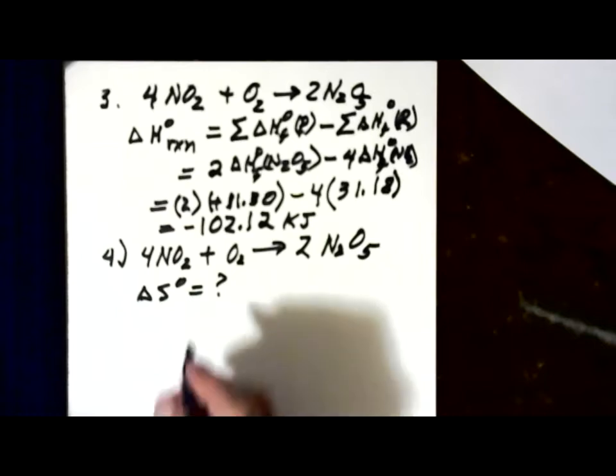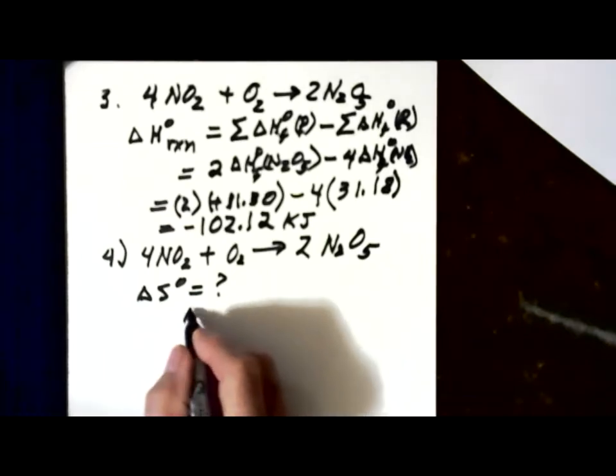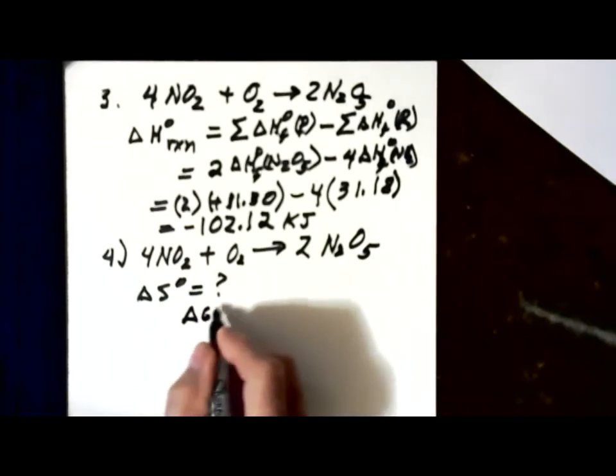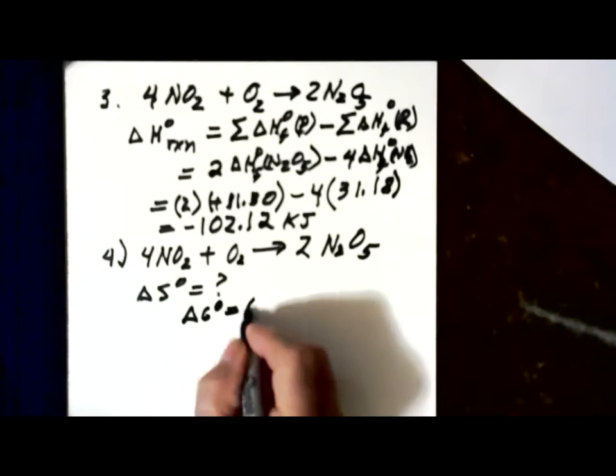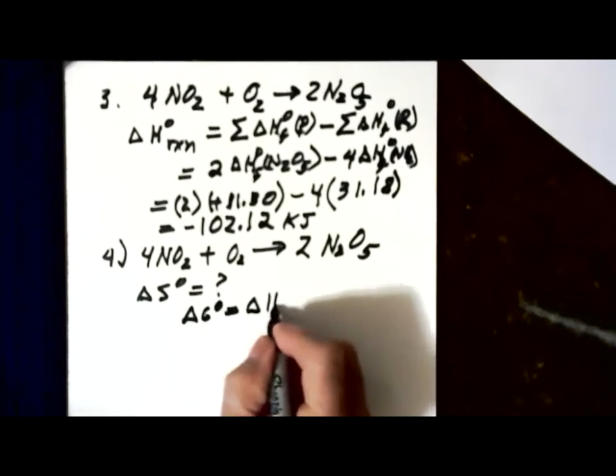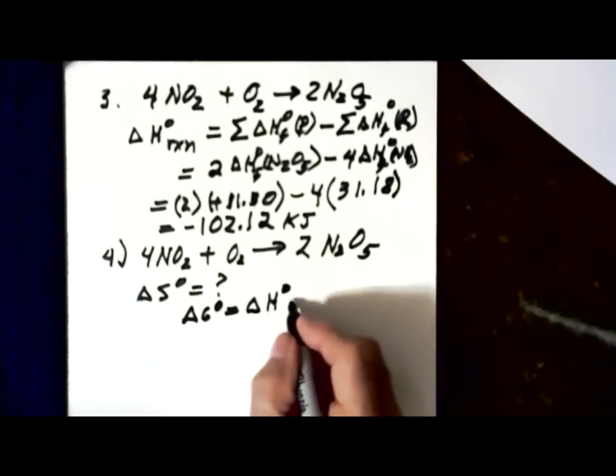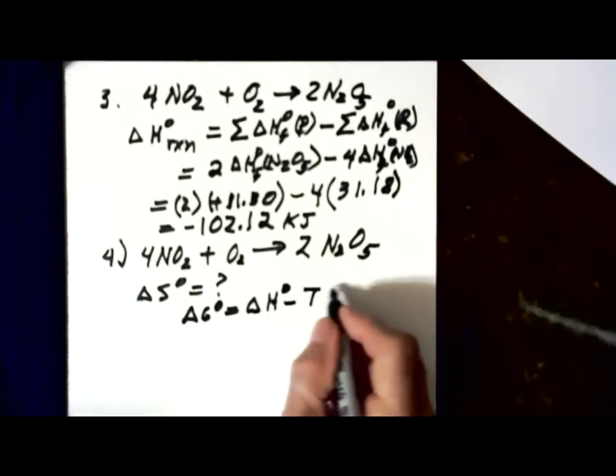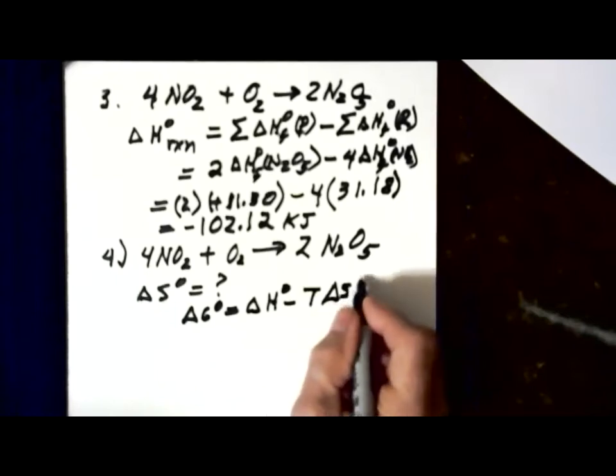Equals what? Well, that mean old Dr. Pearson didn't give me the third law entropy values for them. So what am I to do? Okay, here's what I'm to do. Delta G° is equal to delta H° minus T delta S°.